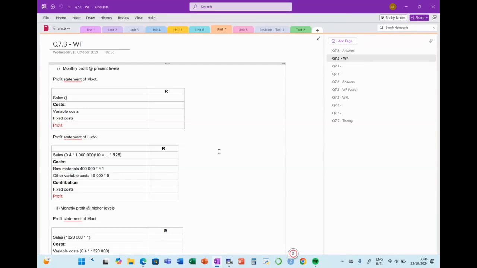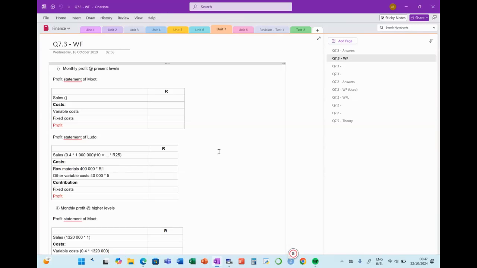In other words, 1 meter would be how much? If 10 meters is costing you 10 Rand, 1 meter would be 1 Rand. Other variable costs per unit, 5 Rand. And then your total variable cost for this product, per wedge, is then obviously 15 Rand.